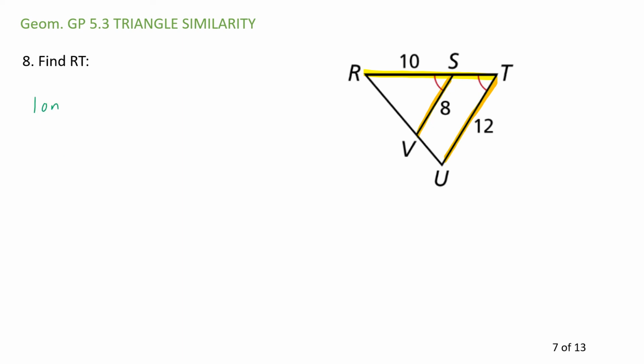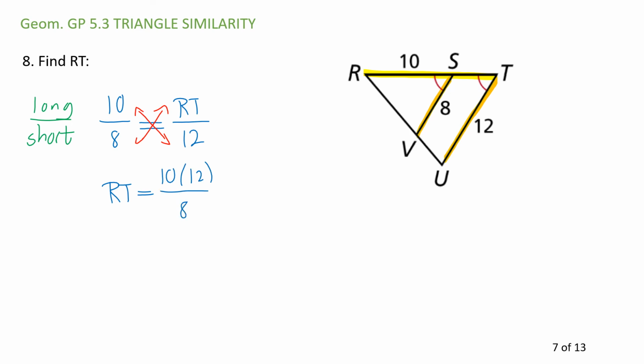So I'm going with the smaller triangle. The long side is 10, the shorter side is 8. It must be proportional to the long side, which is the answer, what I'm trying to find, the entire length of RT. And then the shorter side must be 12. So RT, which is what I'm trying to find.